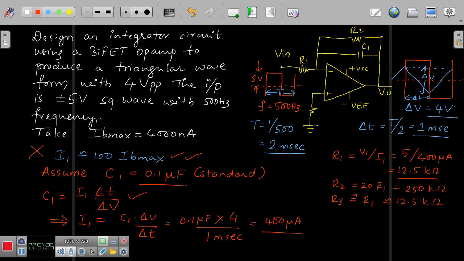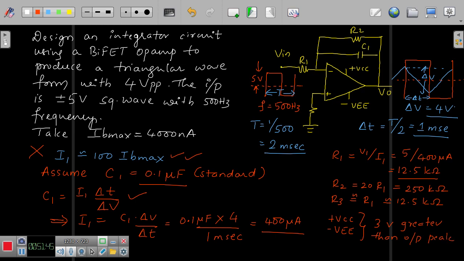And very important, your plus VCC and minus VEE should be 3 volts greater than output peaks.